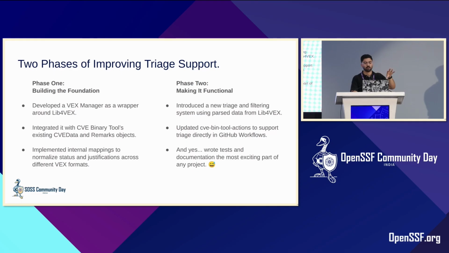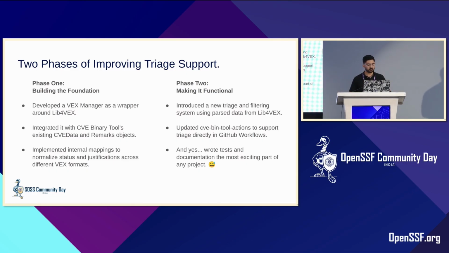So there were two phases of this project. Phase 1 was building the foundation, and phase 2 was making it functional. Phase 1 included refactoring the existing code and using an external library to do the heavy lifting. That was parsing, generation, and getting all of the parsed data into a common format.